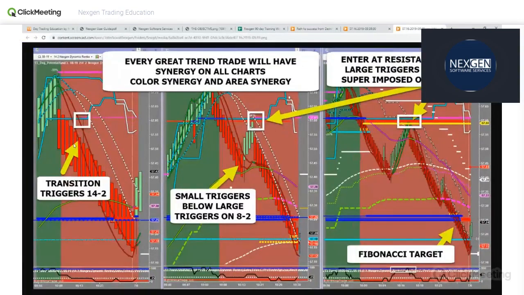It has the 14-2 triggers in a transition, which is rule number 1. Rule number 2 is that the 8-2 small triggers are physically below the large triggers going down on the 8-2 chart. So first I get this look, second I get this look, and then finally I can wait for the fib to fib oscillator to pull back and price to pull back to the triggers on the fib, at which point I will have a limit order waiting to go short at 58 or 59.